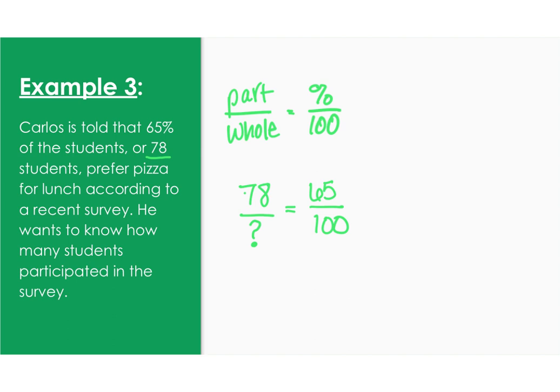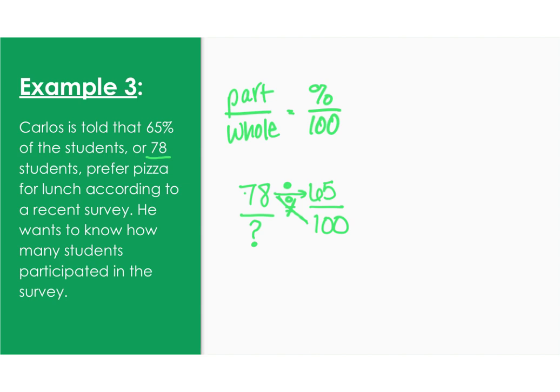The way we're going to solve these, this is a little shortcut. You can always solve this by proportional reasoning or by using the ratios that we've used before, but here's a different method. So we're going to take where you can multiply across, and we're going to multiply. I'm going to make a times symbol. So I'm going to multiply the 78 times 100, and then I go over wherever I can, and I'm going to divide by what's left.